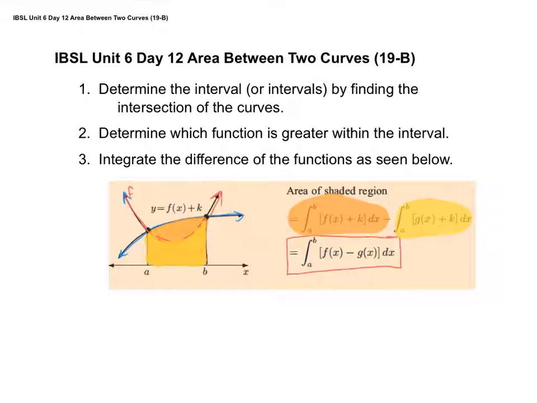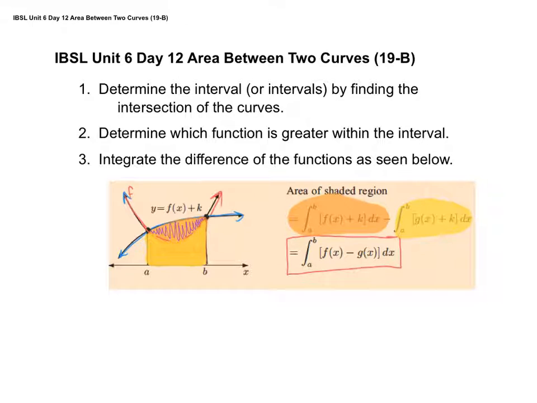So by subtracting the integral of g of x, I'm taking away the part of the area that I don't want. That will leave me just the area between these two functions. So that will give me the area that I am looking for. Does that make sense?